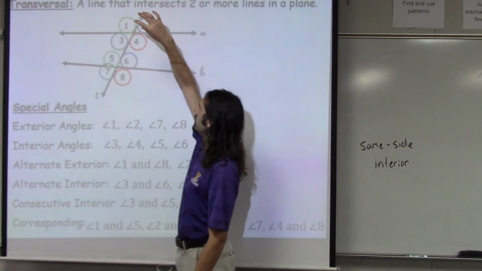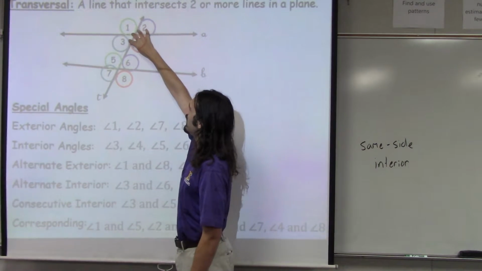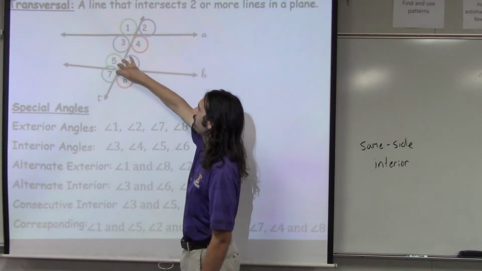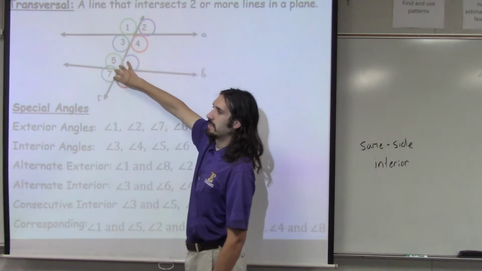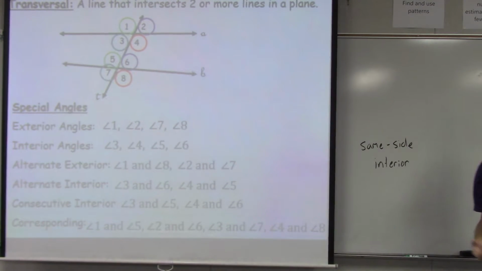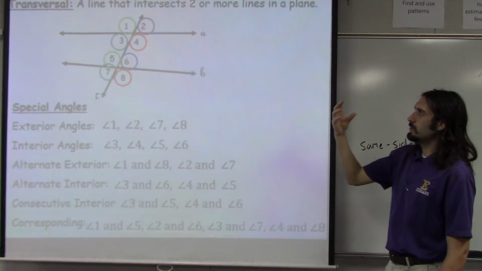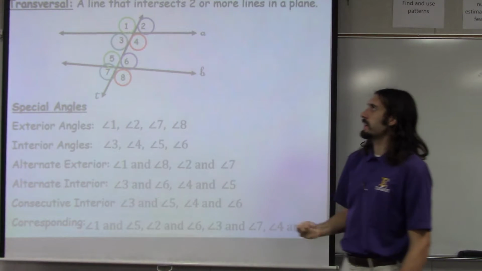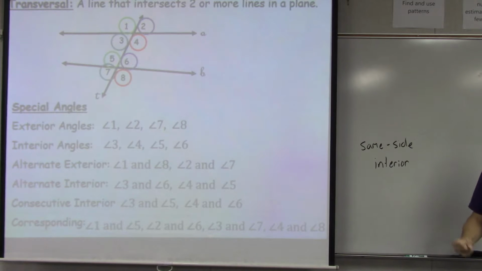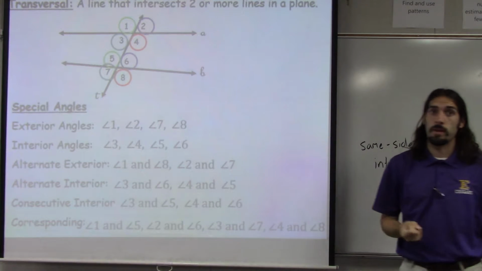If I take the intersection of one of these and I slide it along my transversal to the other line, then they potentially match up on that next line. So 1 corresponds to 5, 2 corresponds to 6, 3 corresponds to 7, 4 corresponds to 8, and so on.